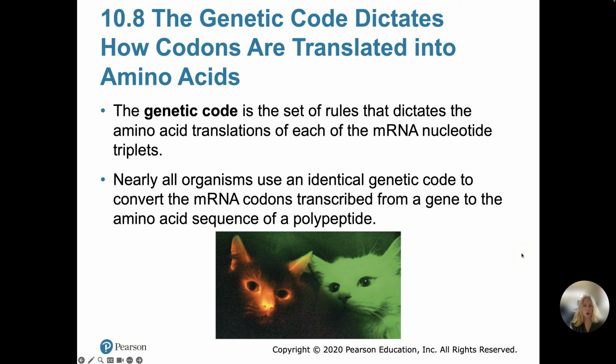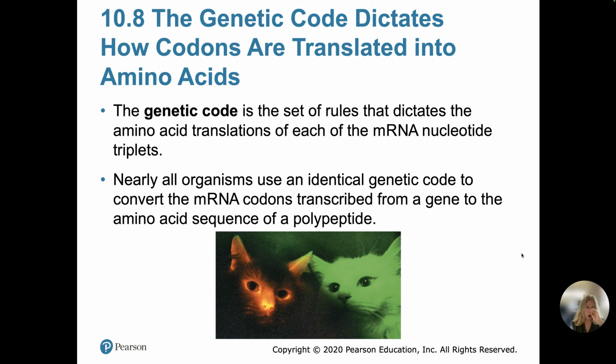The genetic code, or this triplet code that we just talked about, is the set of rules that dictates the amino acid translations of each of the mRNA nucleotide triplets. So the genetic code determines, based on the sequence of nucleotides in the codon, which amino acid is specified.